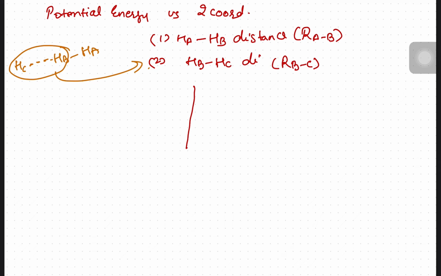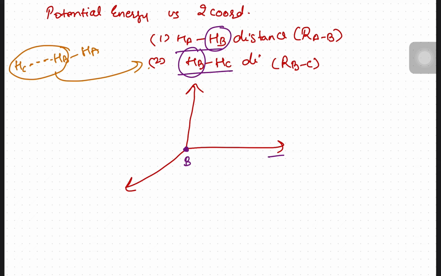Firstly, you have to draw the 3 axes, that is the x, y and z axes. Now see here, in both coordinates HB is common, so we will fix point B over here. A will be moving towards B along the x-axis, and C will be moving towards B along the z-axis.